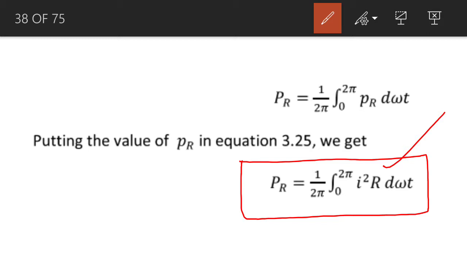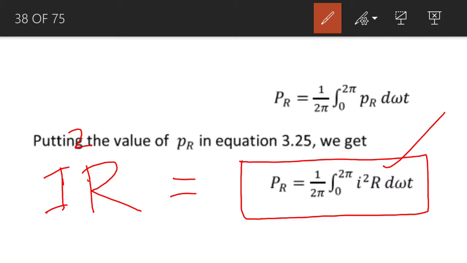This is the average value of the AC power, and we compare this power with the power which is taken by the same resistor from the DC voltage source. The same resistor takes a power of I square R from the DC voltage source.